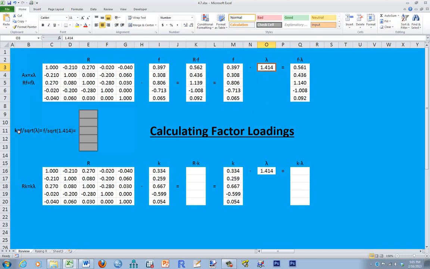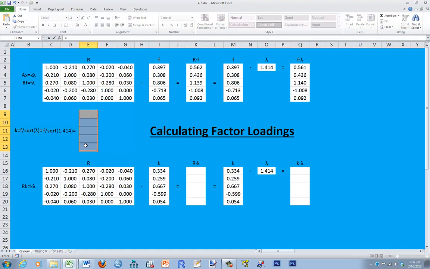So our equation here, in the center on the left, is k equals F over the square root of lambda, or a factor loading matrix over the square root of lambda, which is the factor loading over the square root of 1.414. So I'm going to demonstrate that here.